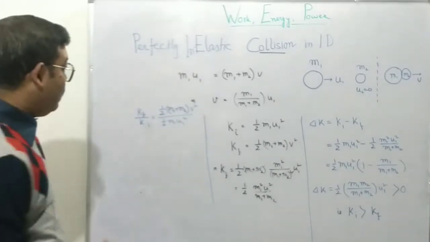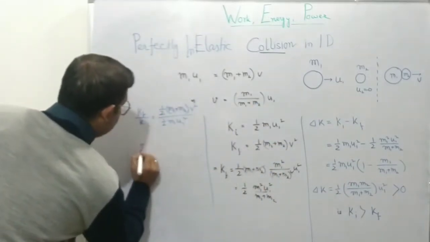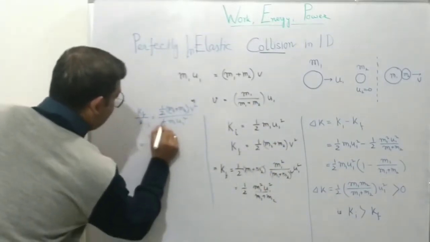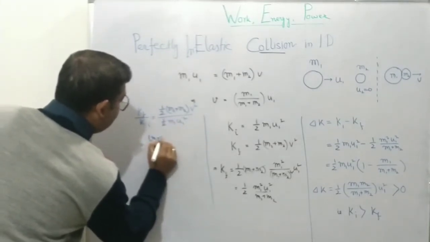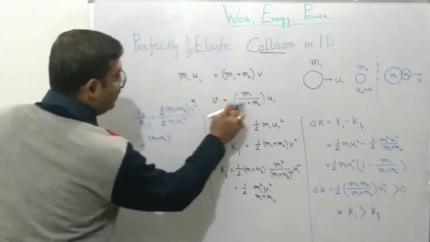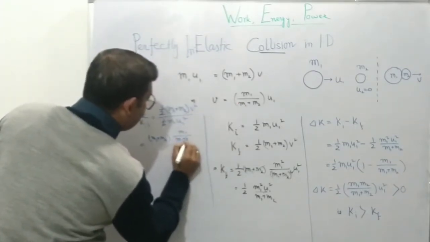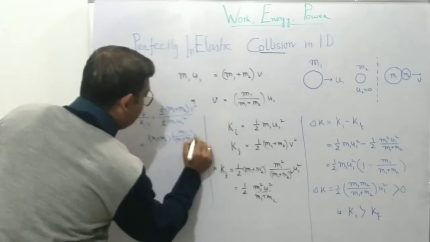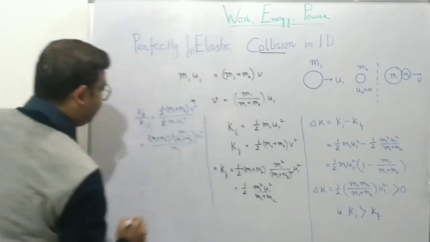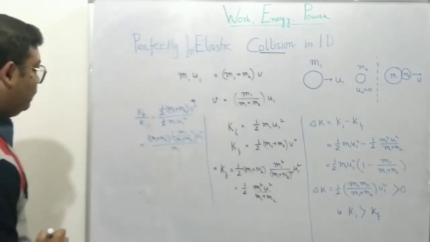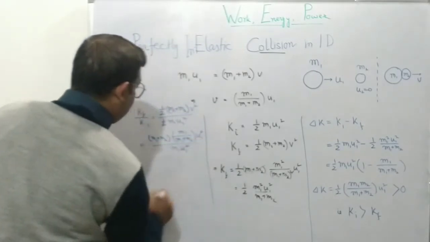If we substitute the value of v square from here, we get this is equal to half we cancel, so we don't need to put half. This is m1 plus m2. Instead of v square, we will write m1 by m1 plus m2 whole square into u1 square by m1, into u1 square. u1 square will cancel out.